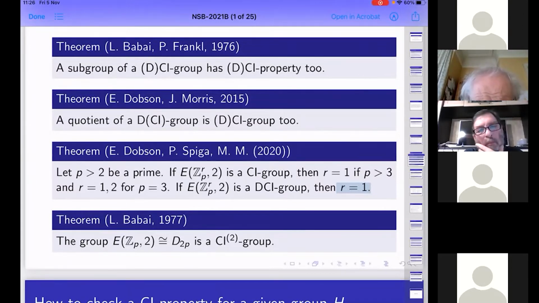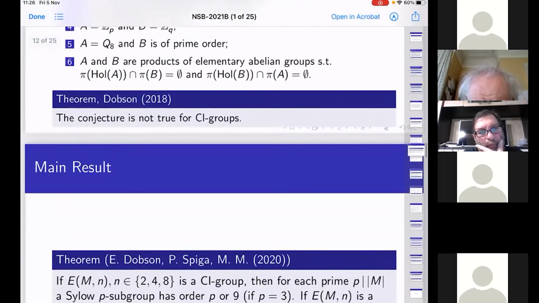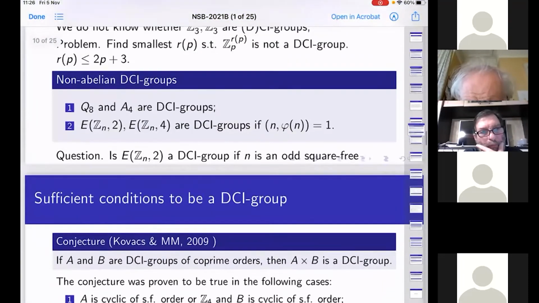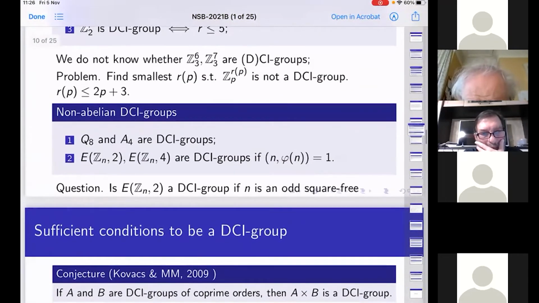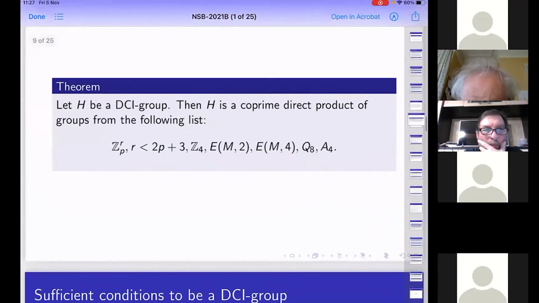So certainly, in a certain sense, we do know which non-commutative groups from this list should be CI groups.